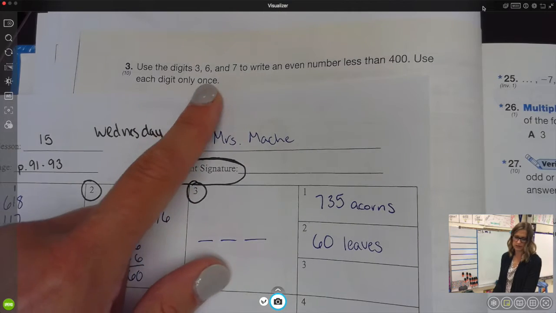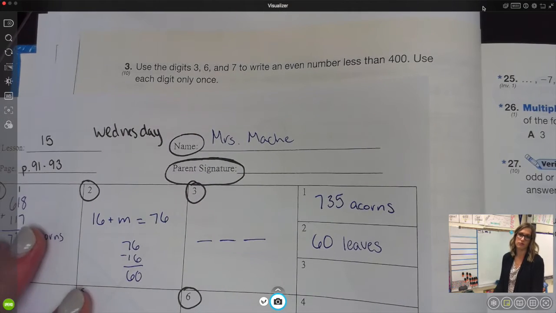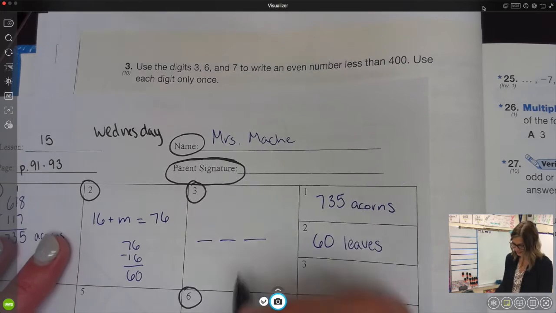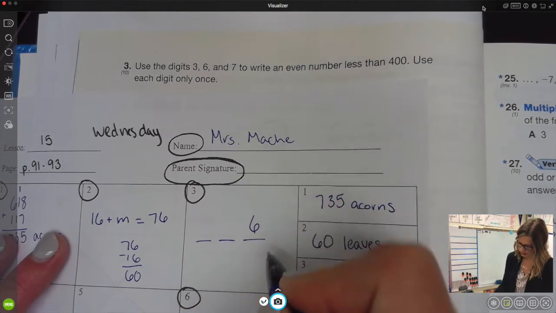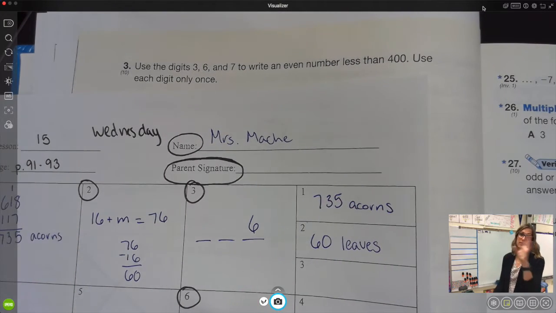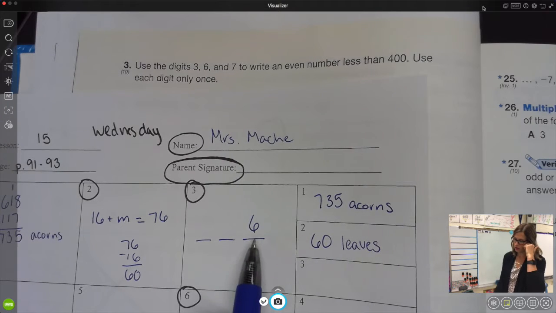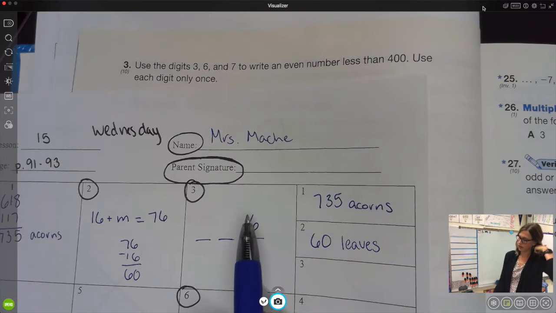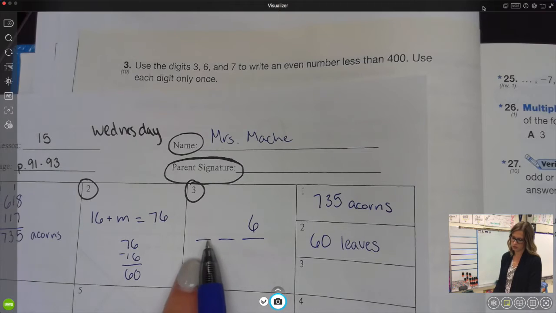Well, 3, 6, and 7, what's the only one of those that's even? 6. So 6 has to be at the end, right? Our last number determines if our entire number is even or odd. 6 is even, so our number is going to be even. It's got to be less than 400. So let's look at our hundreds place next.